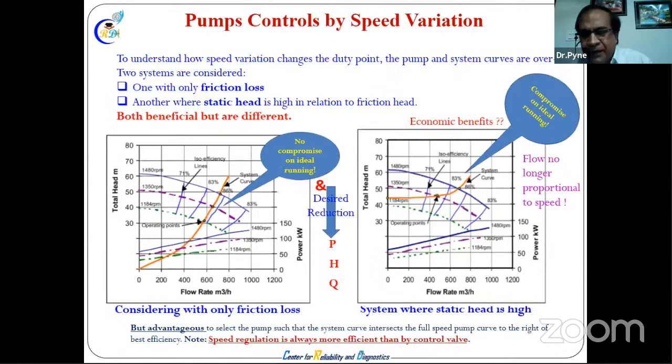This is all about speed variation, how it takes care of it. In a simple way, I'll show you in the next slide, otherwise it will take time.